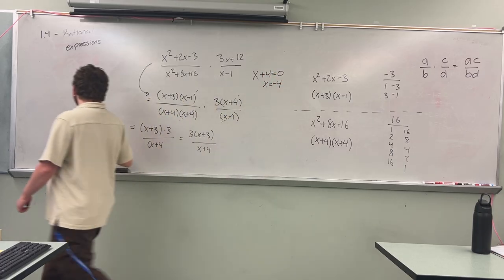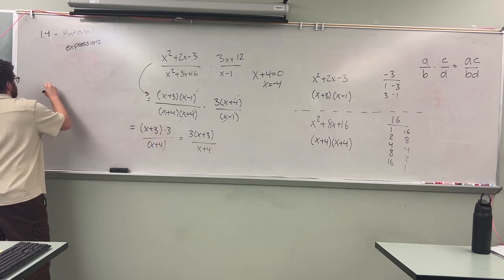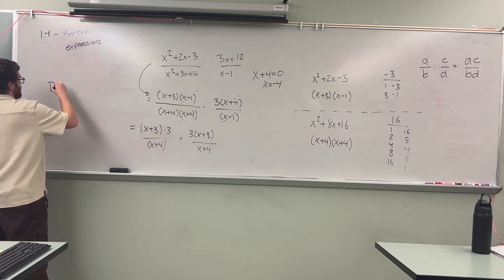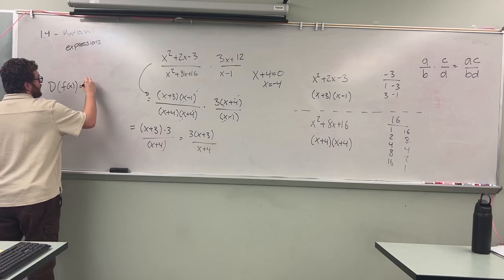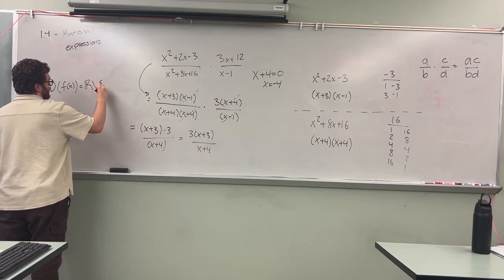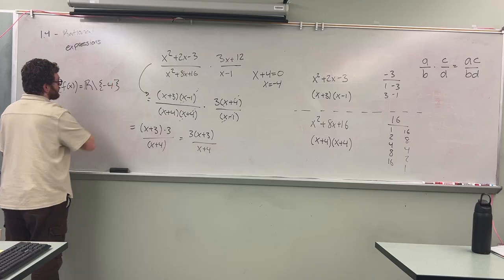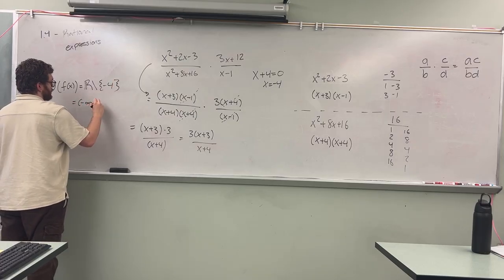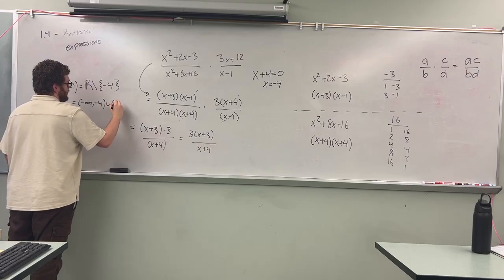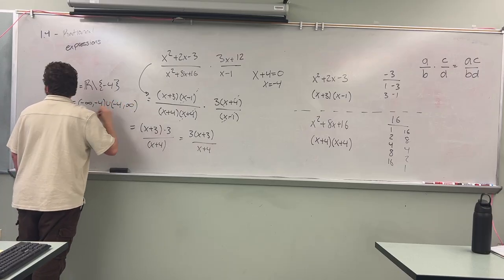So my domain of this long complicated thing, which I'm just going to call f of x, is all the real numbers except for negative 4. And as an interval, negative infinity up to negative 4, union negative 4 off to infinity.